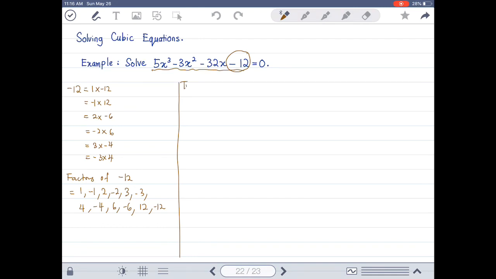So by trial and error, let's try first f(1), which is just equals to 5 times 1 to the power of 3 minus 3 times 1 squared minus 32 times 1 minus 12. You should get, let me try.